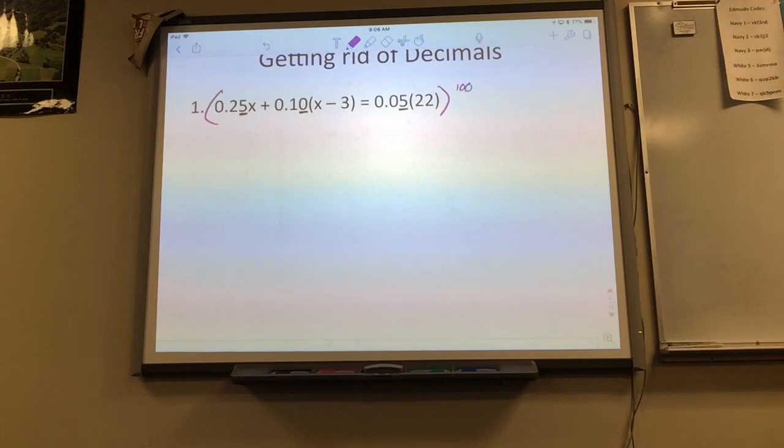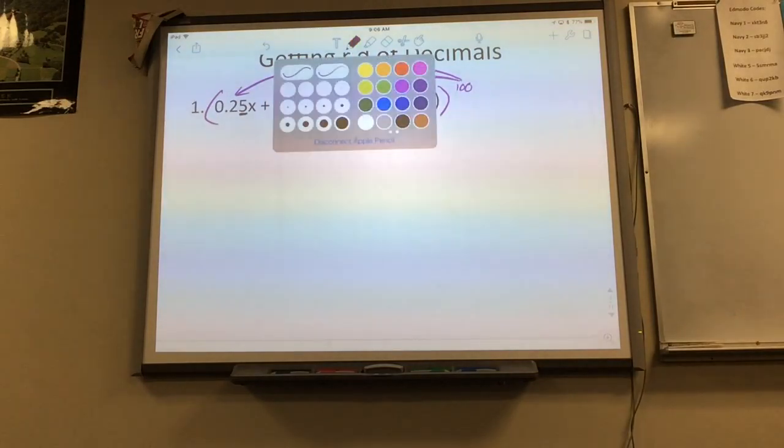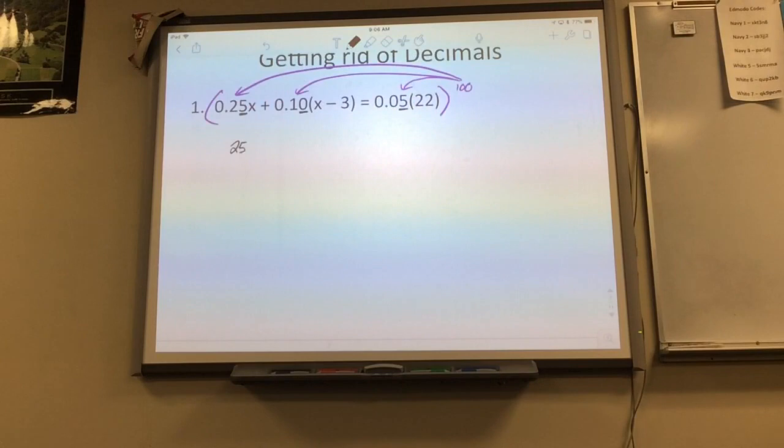If we multiply it by 100, it'll get you to whole numbers again. Just like before, skip over the parentheses. So we don't multiply it by that 22. That gives us 25x, 10, x minus 3.